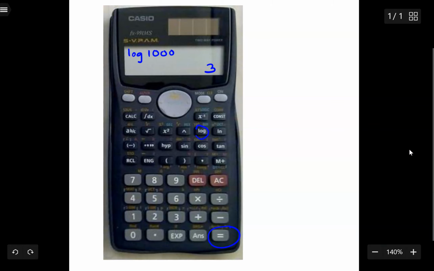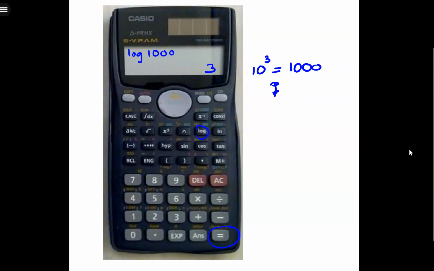So we have 10 raised to exponent 3 equal to 1000 in this case. The corresponding logarithm would be log. The same base applies, so the base for the power is 10, and it's also the same base for this log, which is 10.